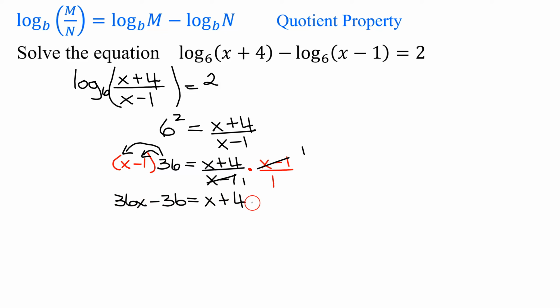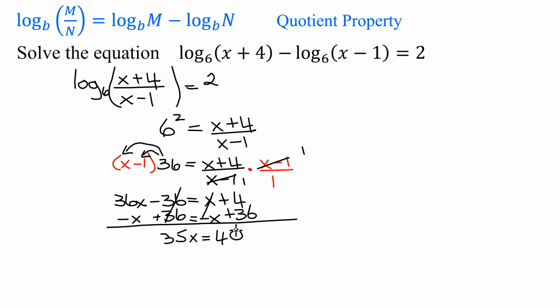So now I have a linear equation in x, so I'm going to collect my x's on the left-hand side by subtracting x from both sides. I'm also going to add 36 to both sides. So I get 36x minus x is 35x, excuse my bad handwriting, equals 4 plus 36 is 40.